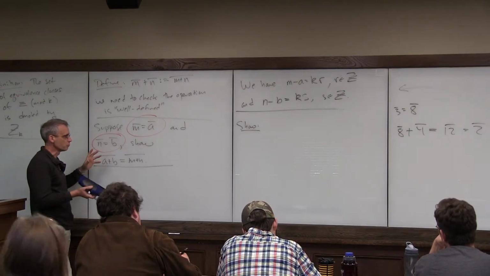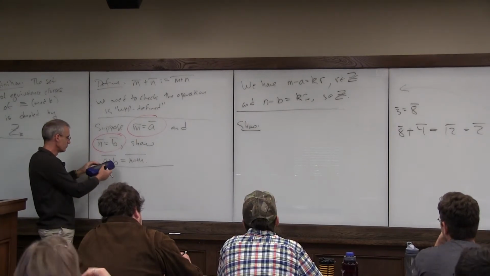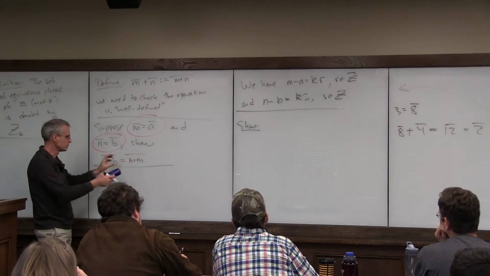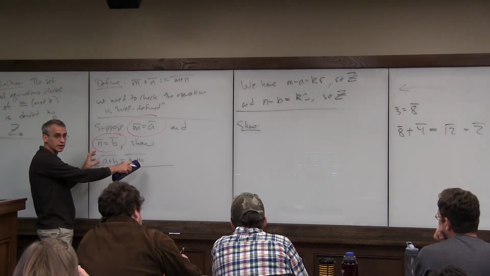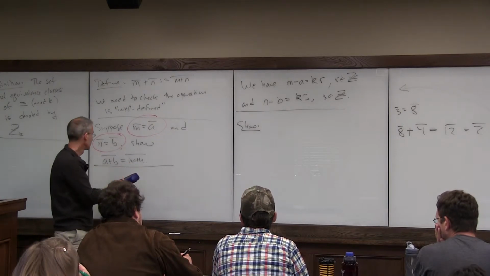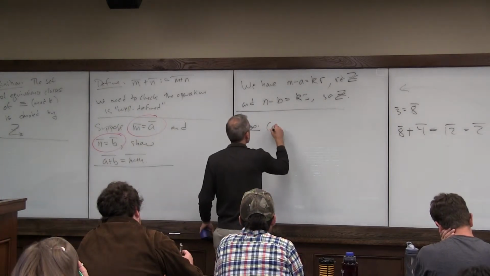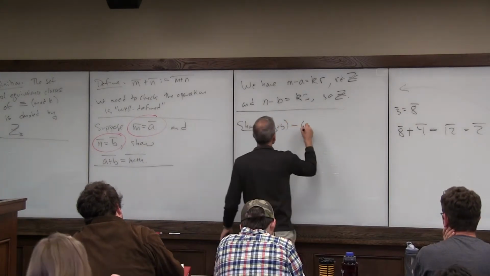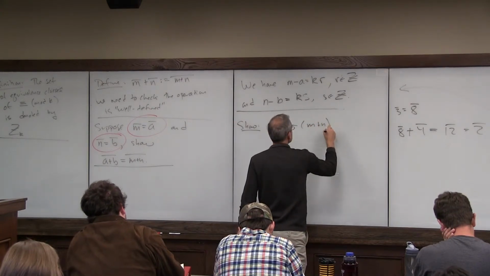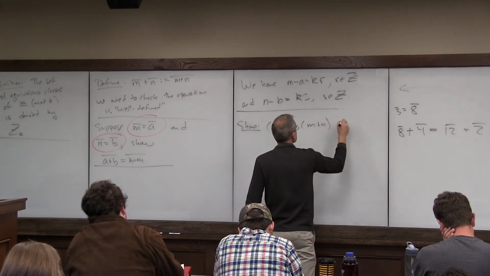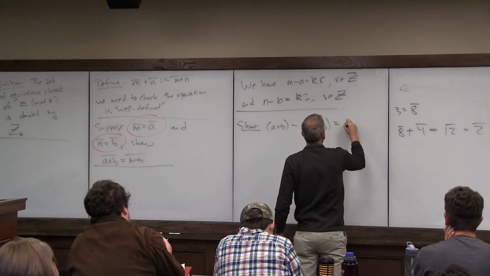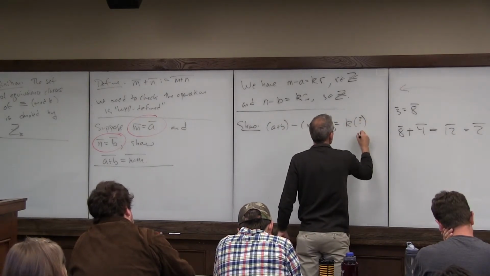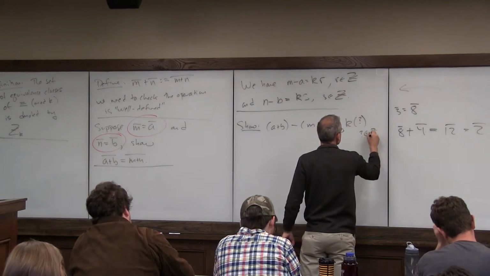Well, it will involve r and s in some way, but we want to show this bar equals that bar, which means their difference is divisible by k. a plus b minus m plus n is divisible by k. So equals, again, k times some question mark, where question mark is an element of z.